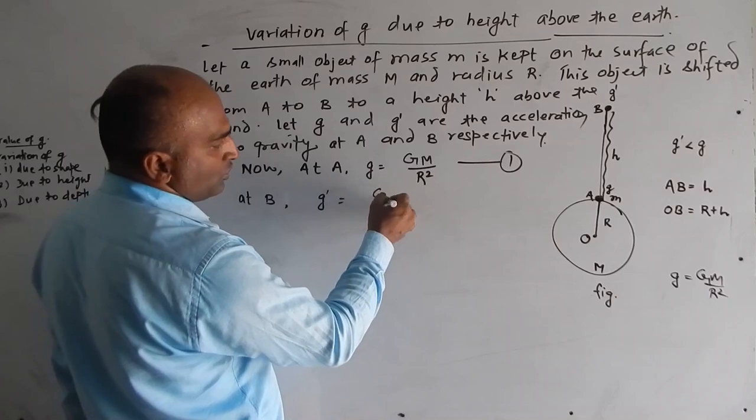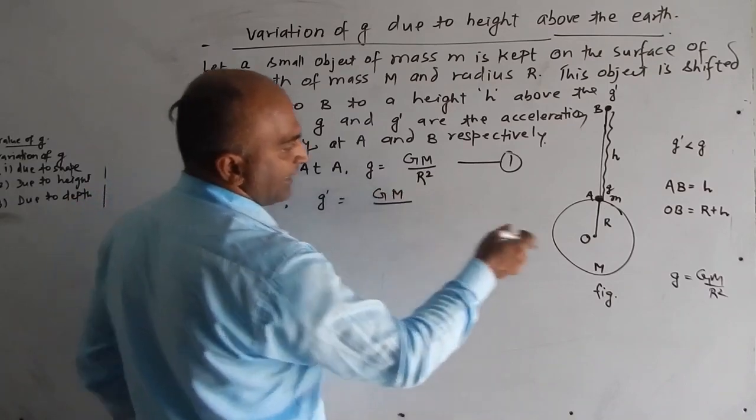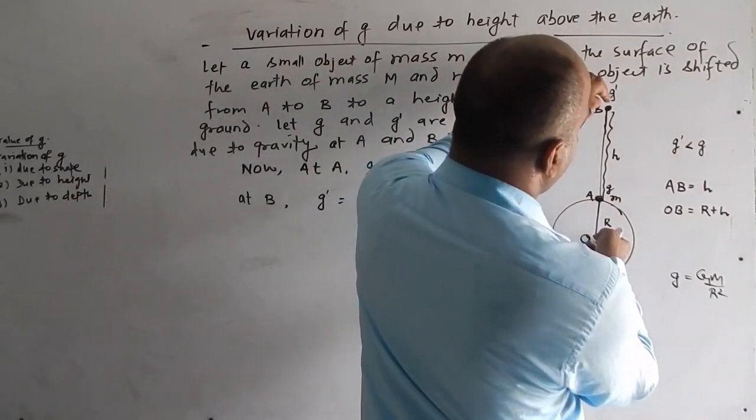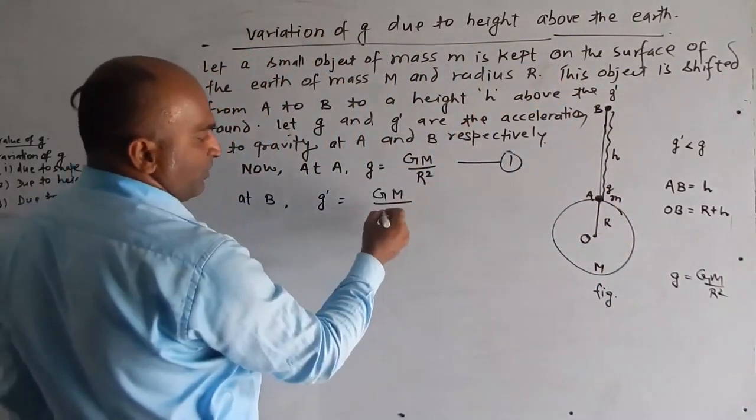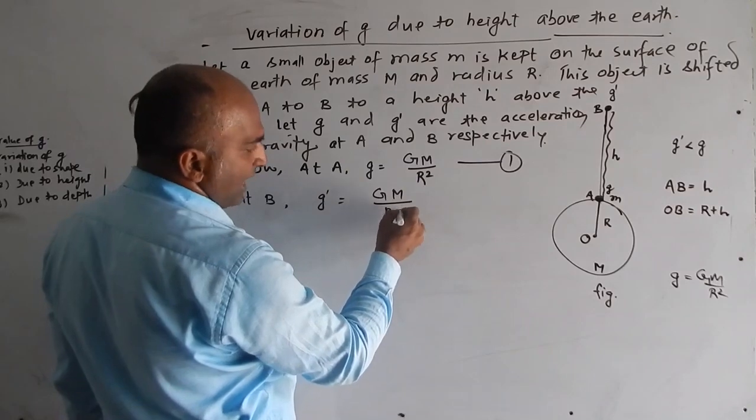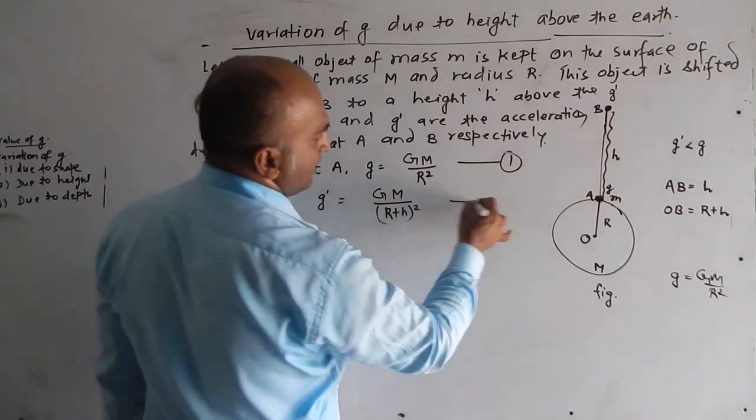Then g prime equals GM by, since g prime is for point B, the total distance from O to B is R plus h, so R plus h whole square.